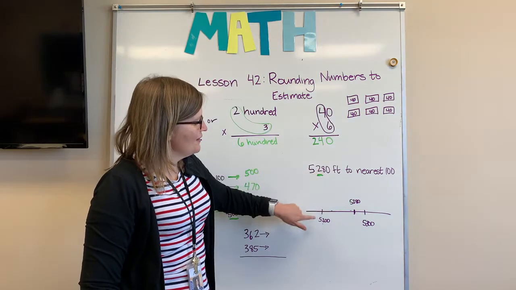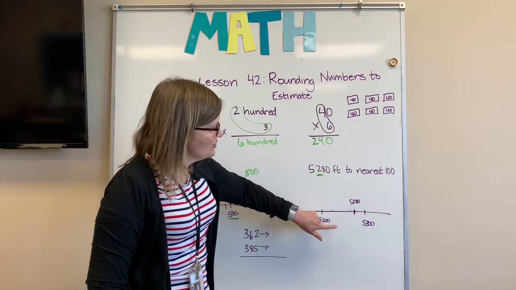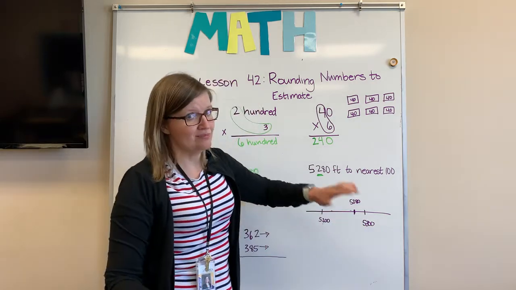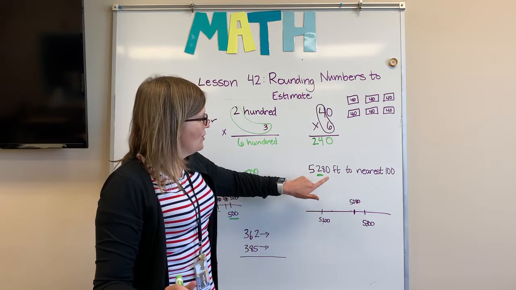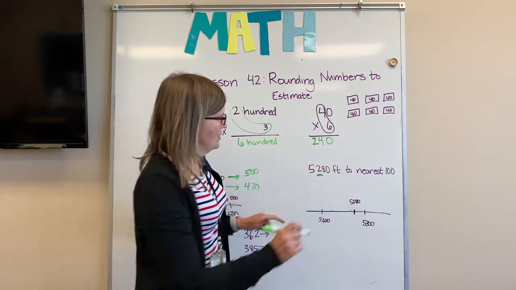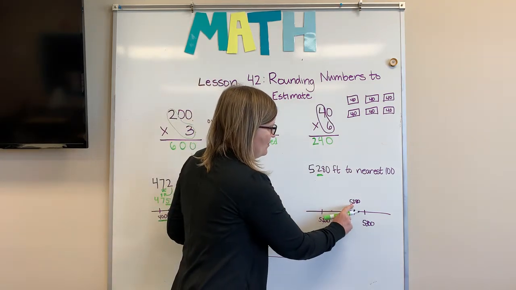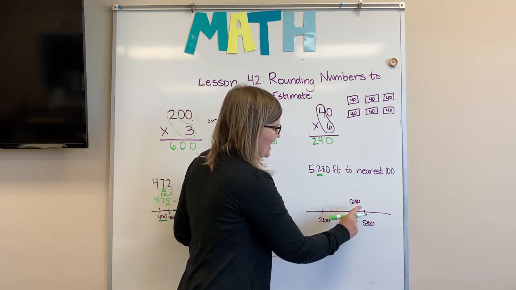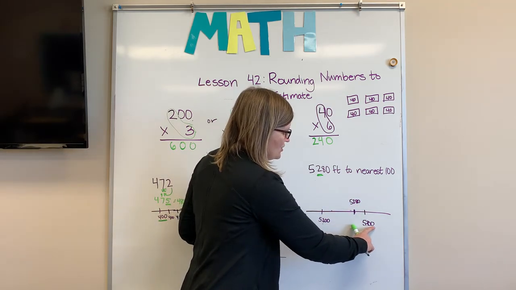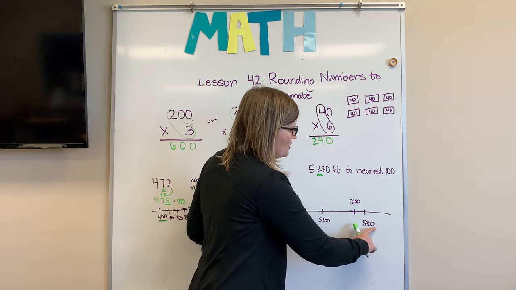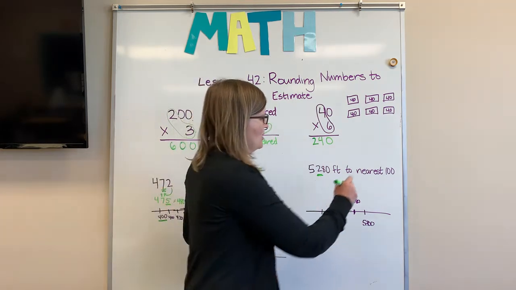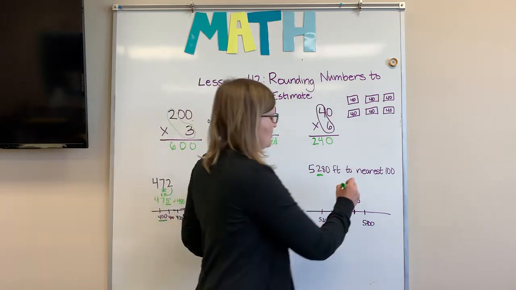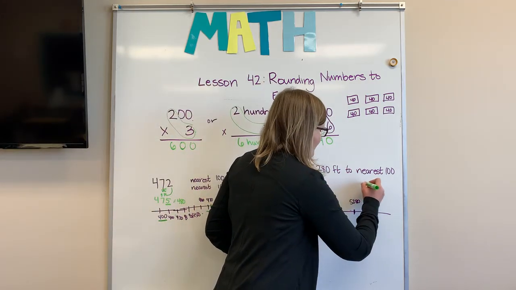It'll either be 5,200 or 5,300. I know that 5,280 is closer to 5,300, it rounds over to 5,300. You can clearly see this. So to round it to the nearest 100 would be 5,300.